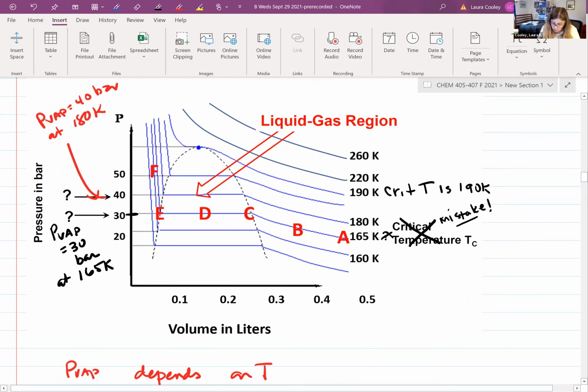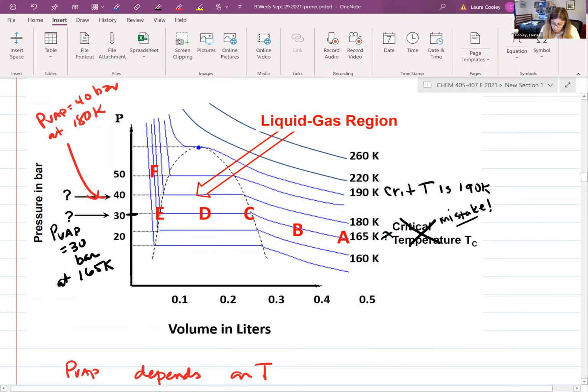Like I said, this vapor pressure depends on T. As it goes up, you need a greater and greater pressure to liquefy a gas. That's because what you're combating is the molecules at higher temperature trying to get into the gas phase. So you need a greater and greater pressure to keep them in the liquid phase at a higher temperature.